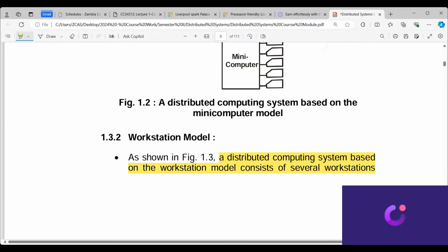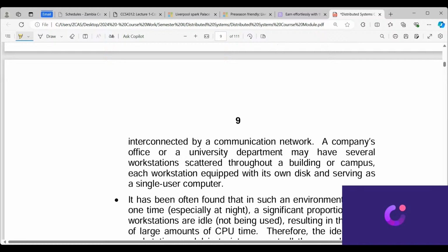When you talk about workstations, we are talking about several computers or several machines or several nodes. And now these nodes are interconnected also by a communication network.